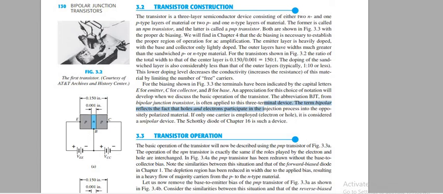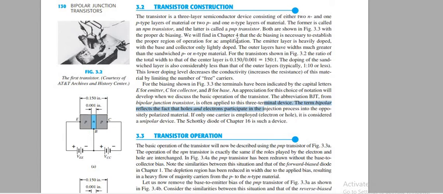Referring to the book of Louis Nashelsky, when we were discussing the diodes, di indicates two polarities, those were P and N. Here we can say that a transistor is a triode, meaning it has three polarities, and two same polarities are separated by a different polarity.